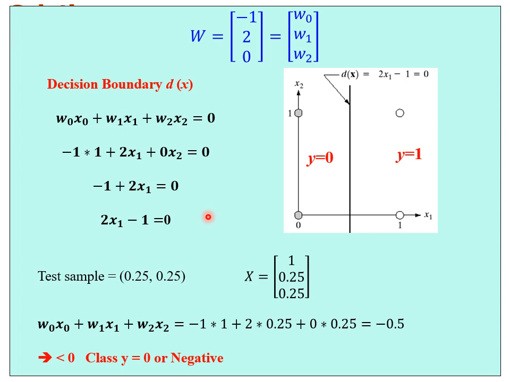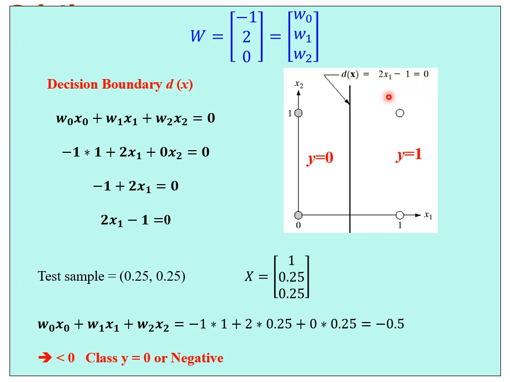Now if we would like to plot this, or geometrically represent our decision boundary, please look at this. This vertical straight line depicts the decision boundary d of x equal to 2x1 minus 1 equal to 0.